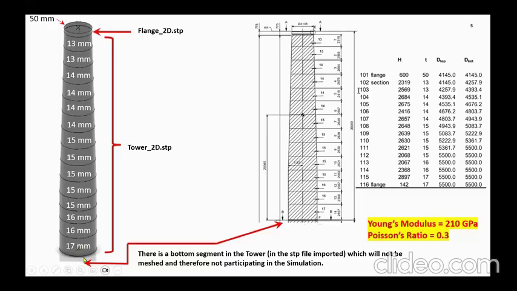So I have two choices. Either when it comes to doing it in Catia, I don't mesh it, which means that it's not going to participate in the calculation, or when I read the STPs into the Catia, I can actually cut that bottom piece, and that's what I'm going to do. Okay. The properties are given here, steel and its linear buckling.